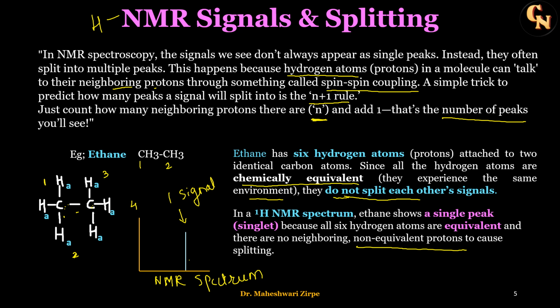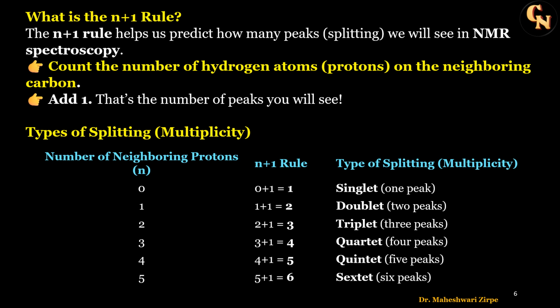And if non-equivalent protons are present, then they split the signal. In ethane, all the protons are equivalent, so it is not going to split the signal. Let us understand this better with the next example.